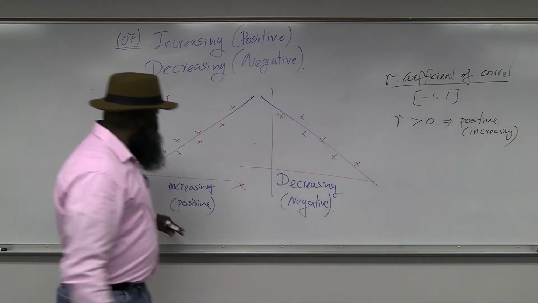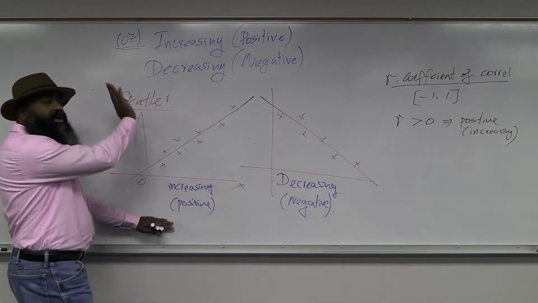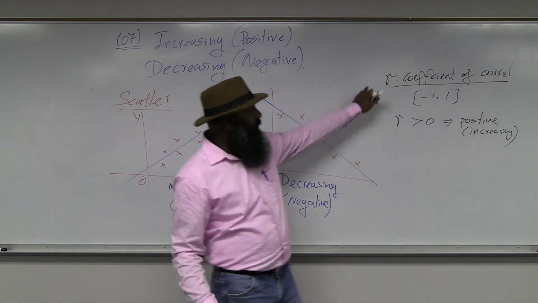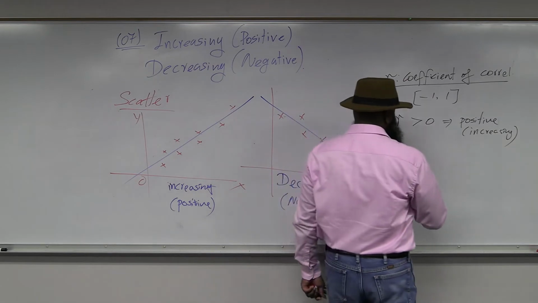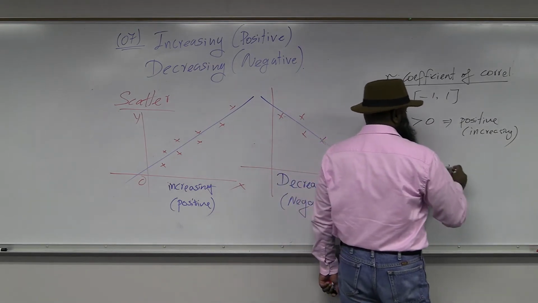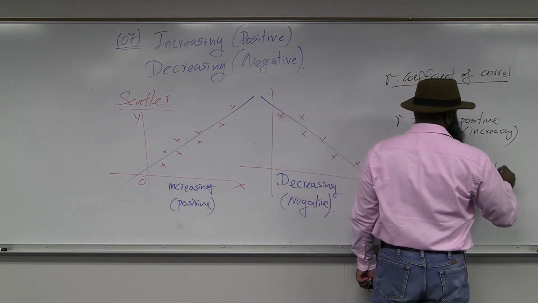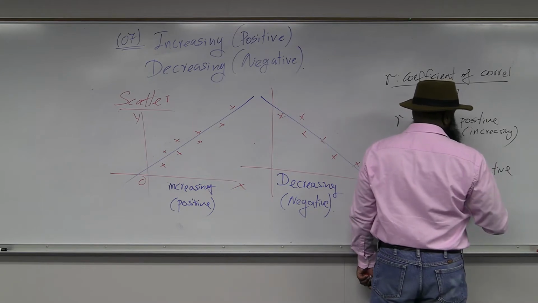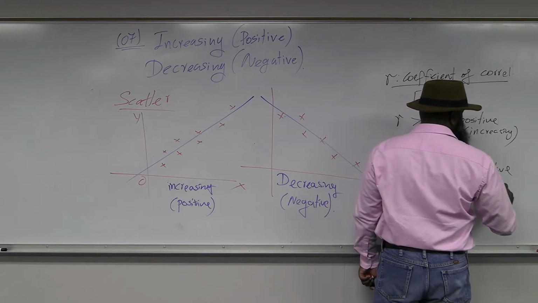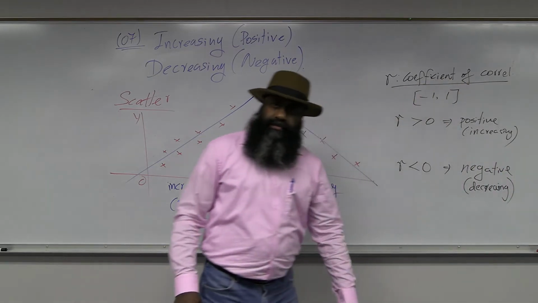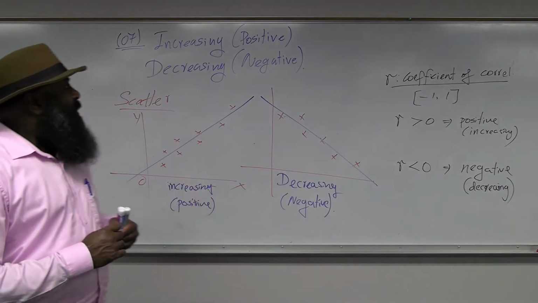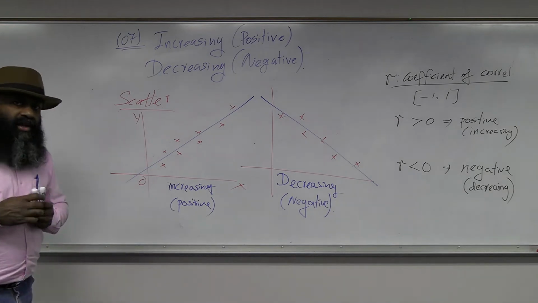As x increases, y also increases if your coefficient of correlation is positive. And if your coefficient of correlation is negative, we say it's a negative linear relationship, or in other words, a decreasing linear relationship. Okay? So those are the two types of linear relationships.